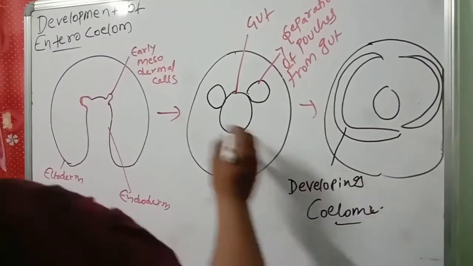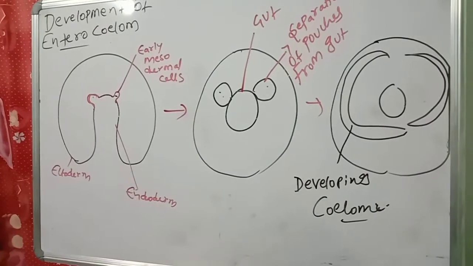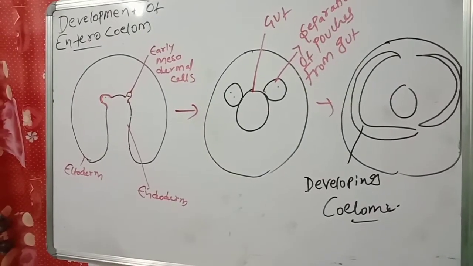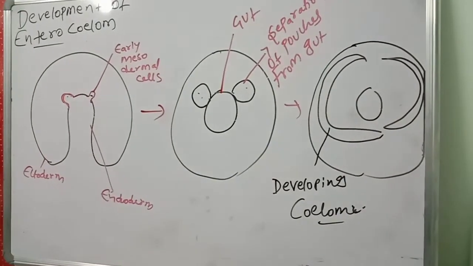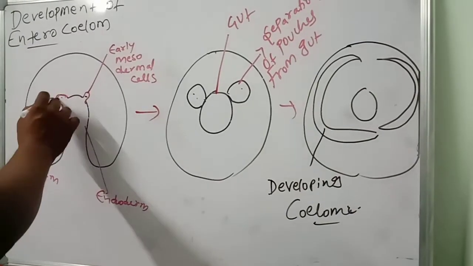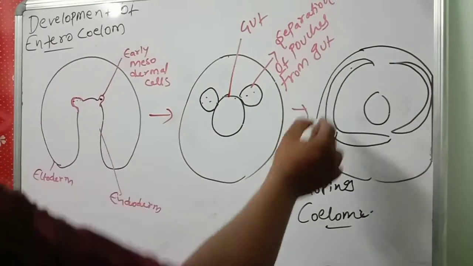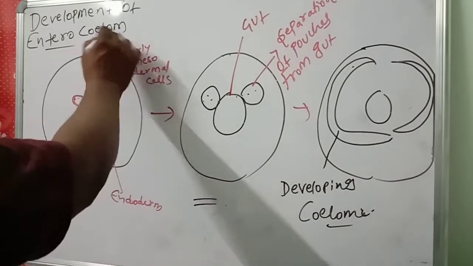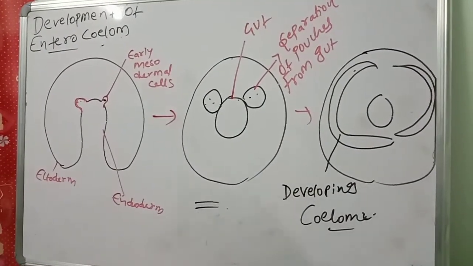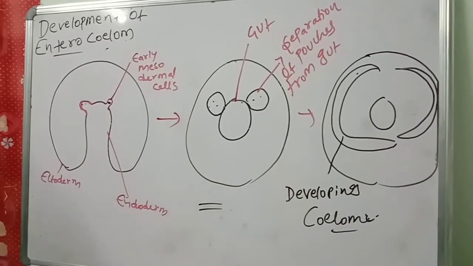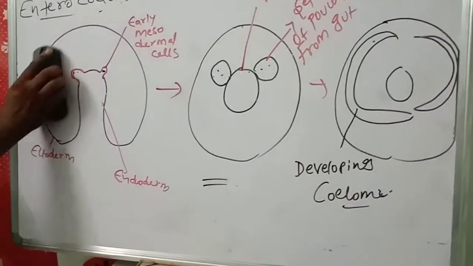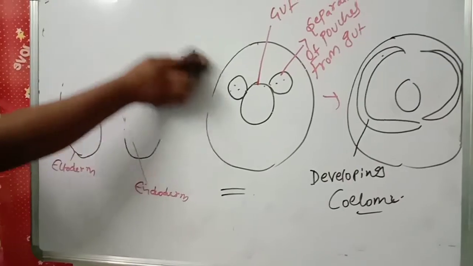From here, archenteron. These are the mesodermal pouches of archenteron, converting into coelom. That is called enterocoelom.